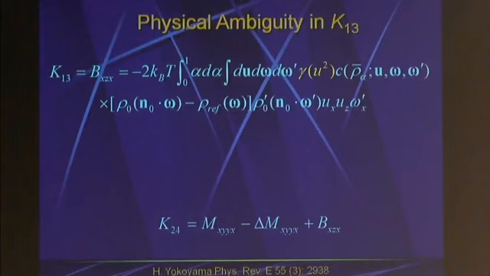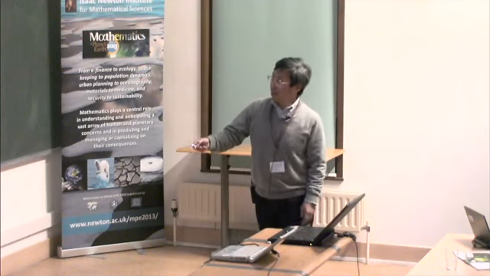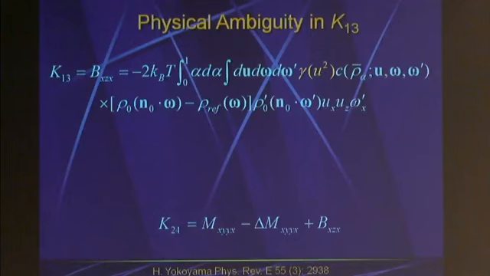So if the final single function really depends on the arbitrary parameter gamma, nobody believes that this is a real physical quantity. So if bxdx is non-zero, K24 also becomes very problematic. But I'm going to show bxdx is 0.